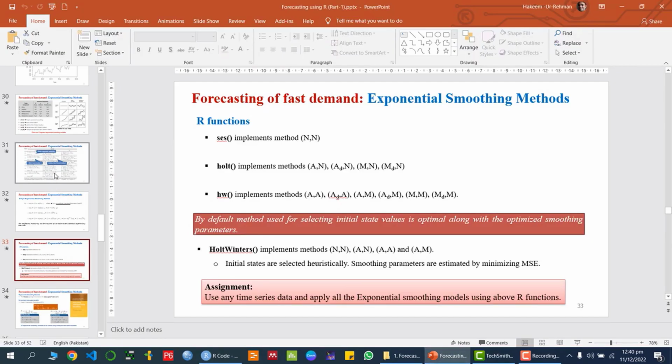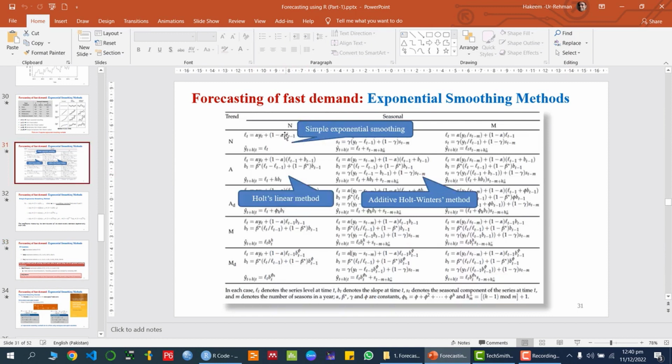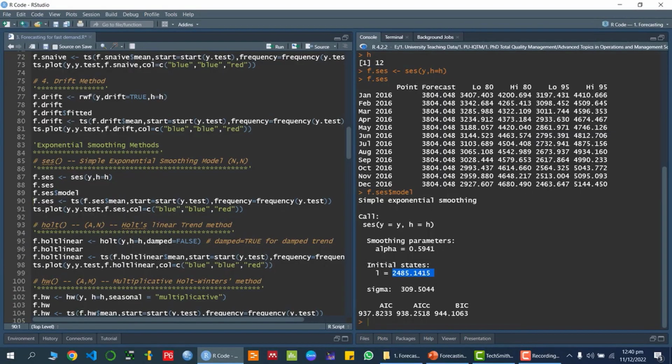If you remember, in the formula we need the l(t-1) value, so this is the initial value that is assigned by R. Then it calculates these information criteria: the Akaike information criterion, the corrected Akaike information criterion, and the Bayesian information criterion. Normally these criteria are used to select the best model, and they are always used in a comparison way. The lower the AIC, AICc or BIC values are, the better the model is.